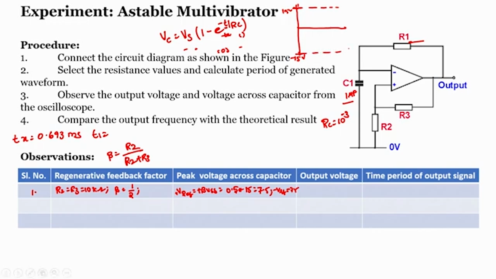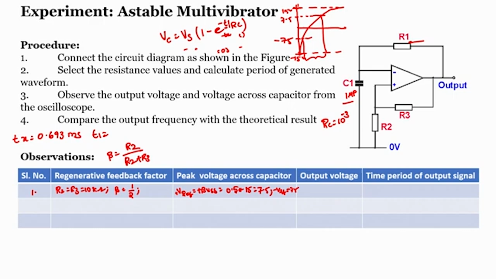When we have a capacitor with input voltage 15 and the ground value minus 15, the charging will happen from here to here. But because of our beta VSS, plus or minus beta VSS, our higher and lower threshold values, the charging can go only up to plus 7.5 and minus 7.5. So, we require to know the duration of this.